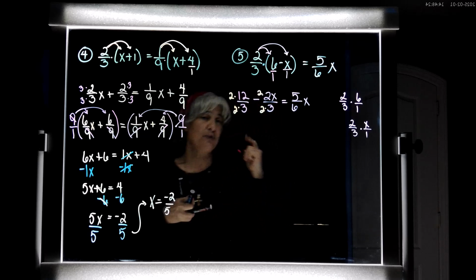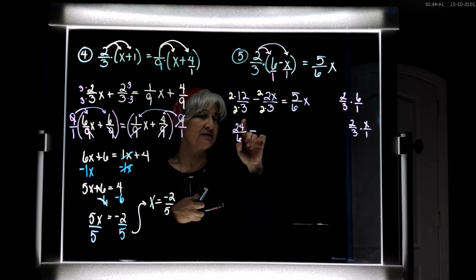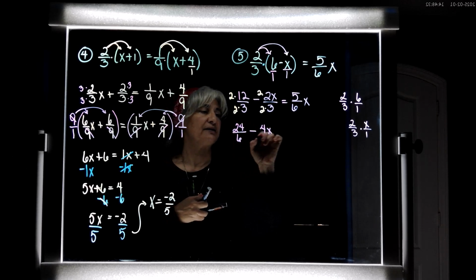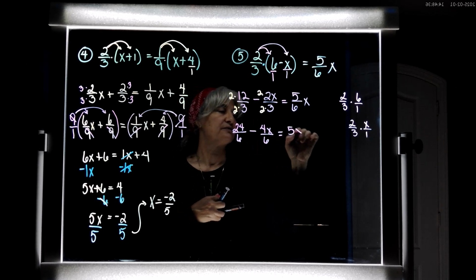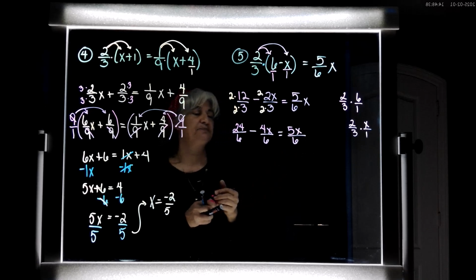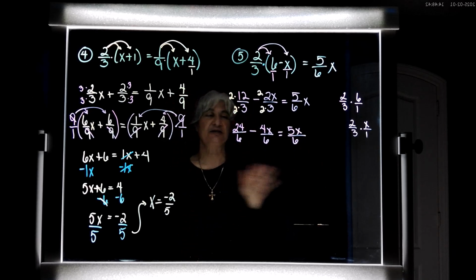So then you end up with 24 over 6 minus 4x over 6 equals 4. And now all fractions have a common denominator.